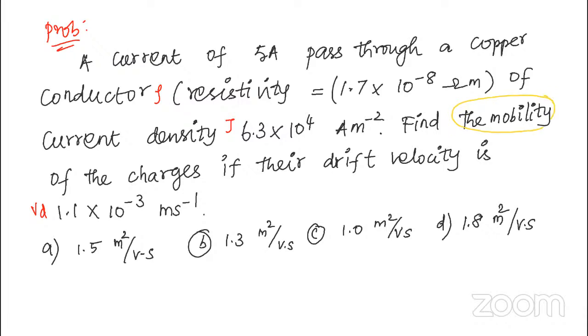To calculate mobility, we know the formula. So from the formula we have to find the answer. So see what values they are given. Let us now solve this one. First we are writing the given values. Vd is equal to 1.1 into 10 power of minus 3.